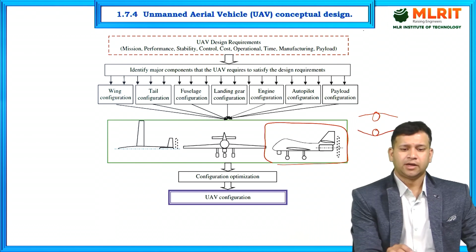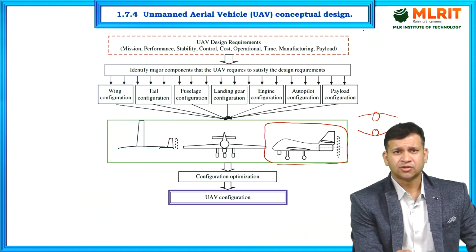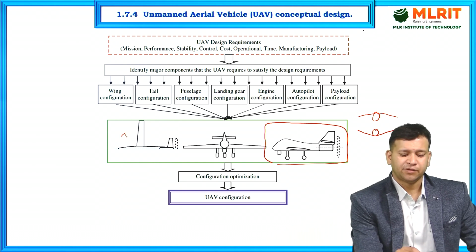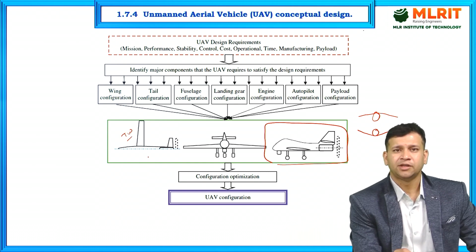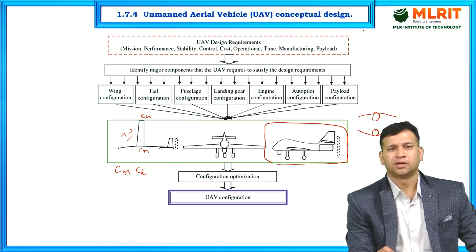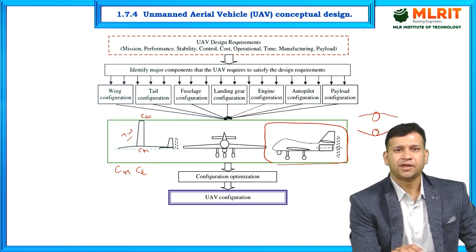Okay, and then this is a top view, which gives the actual plan view of the wing, how it looks. Here it is like a taper wing, right? It is a tapered wing. Here the root chord is greater than the tip chord. This is the CT, right? This is the CR, right? So there is a change here.